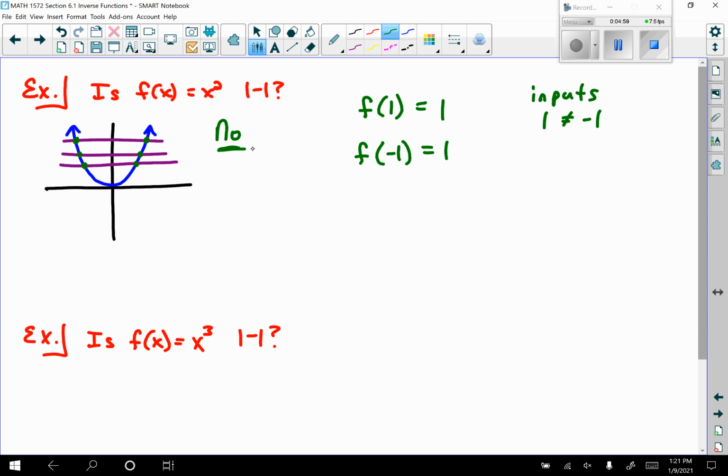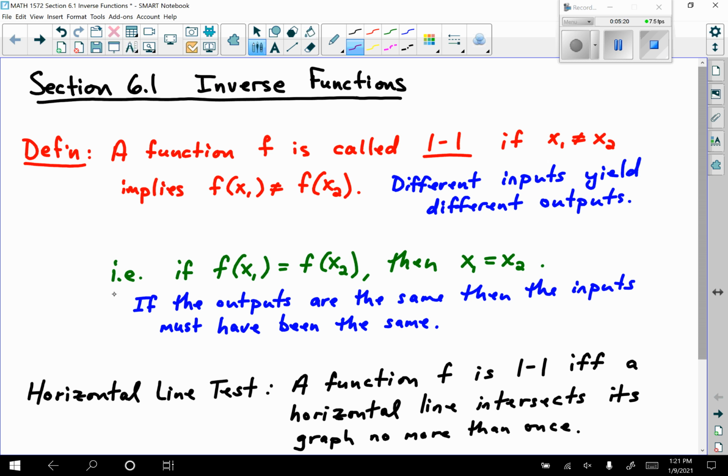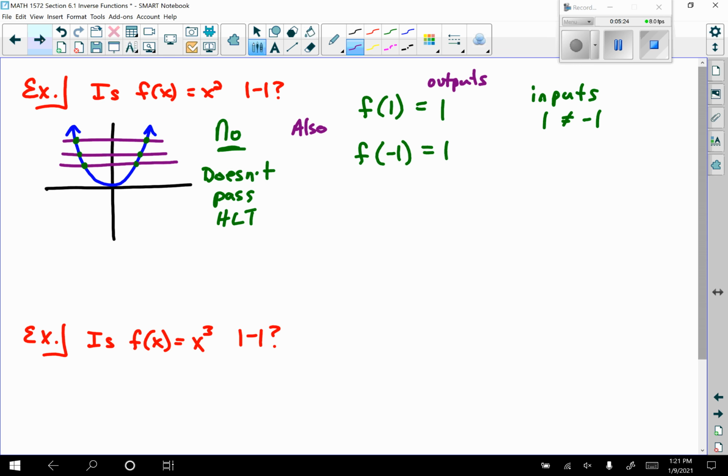So no for two reasons. Graphically, we see that it does not pass the horizontal line test, and I'll abbreviate HLT, horizontal line test. Also, because we have two outputs that are the same, but the inputs aren't the same. So that's going back to what I have here in green. If the outputs are the same, then the inputs must have been the same, and they're definitely not.